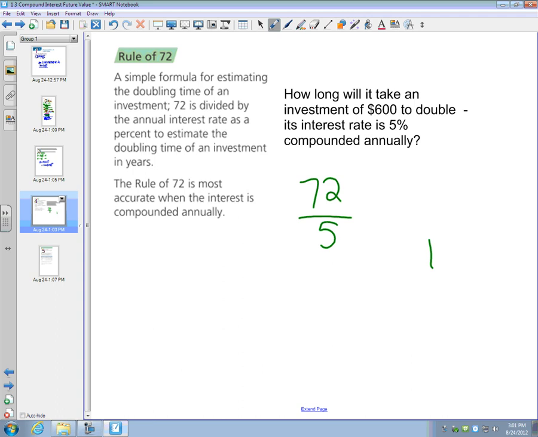And we always round up because we said it was compounded annually. So we can't say 14 and a half years because it hasn't compounded yet. Okay, so roughly 15 years. So if you have $600 in your possession right now and you can find a 5% bank account, put it in the bank, after 15 years, you'll have $1,200. There you go. You can give half of that to Miss Cantillon for teaching you this.